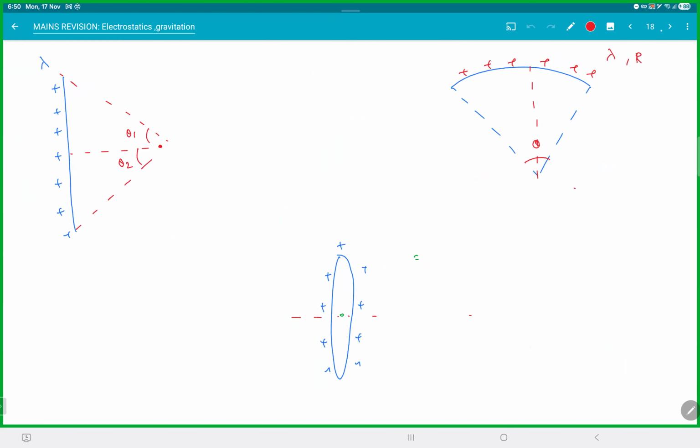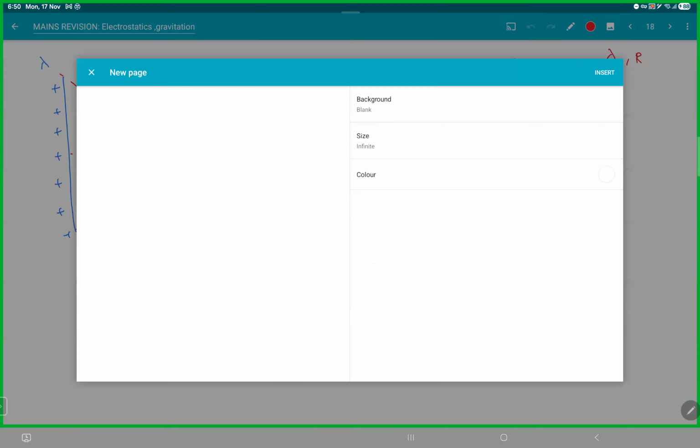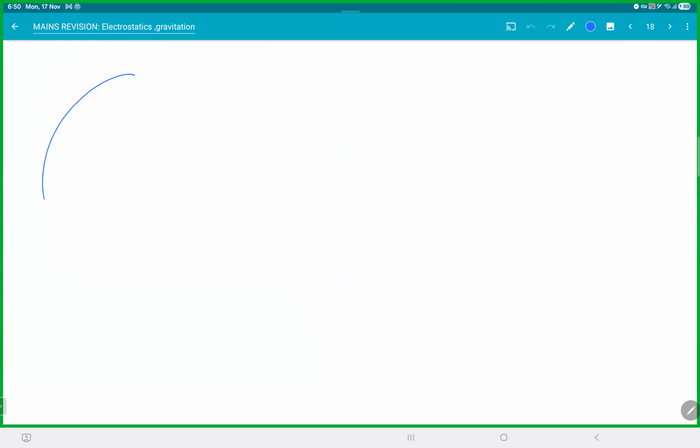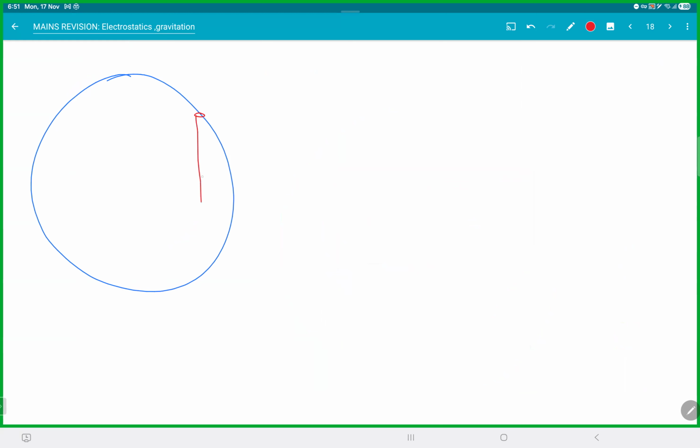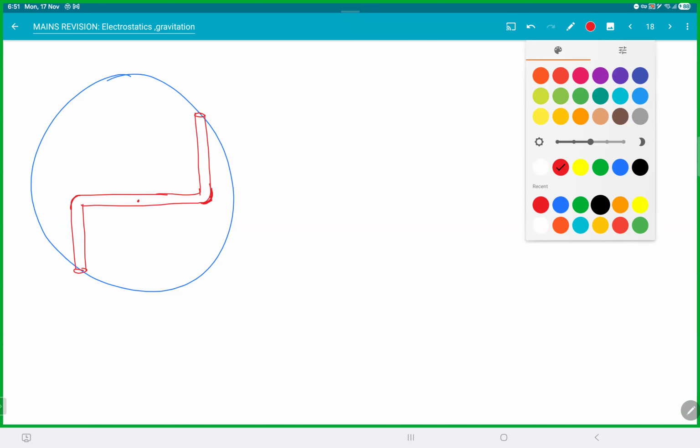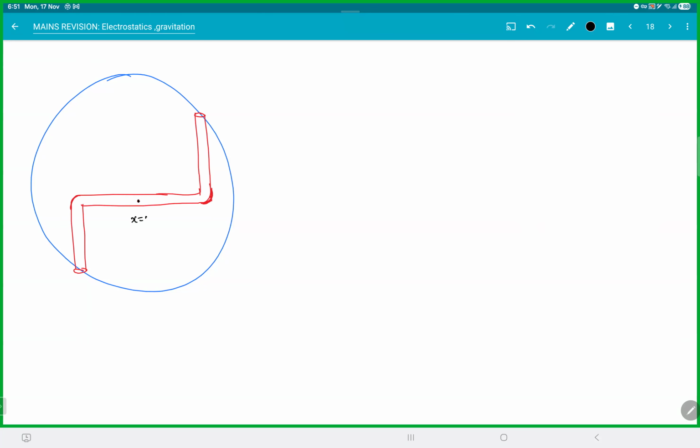So if that is the case, what if someone digs a tunnel like this? You dig a tunnel till here, and then you make a tunnel like this, and then you make a tunnel like this. Assume these corners are smooth, okay? There is no collision. It will just glide and go. This is your center. x is equal to 0.